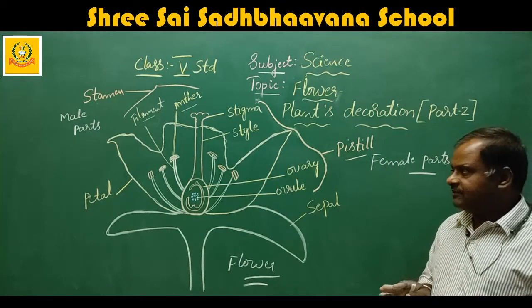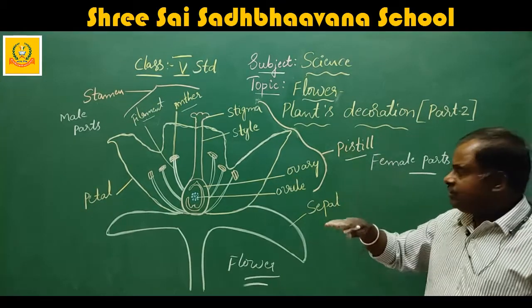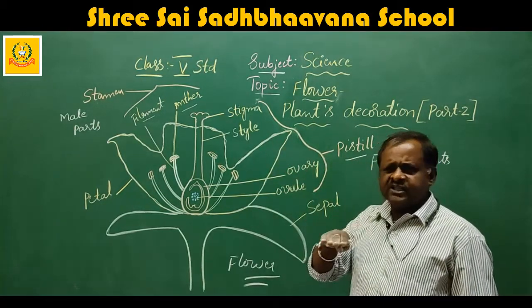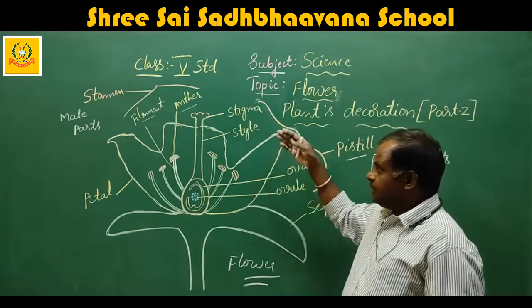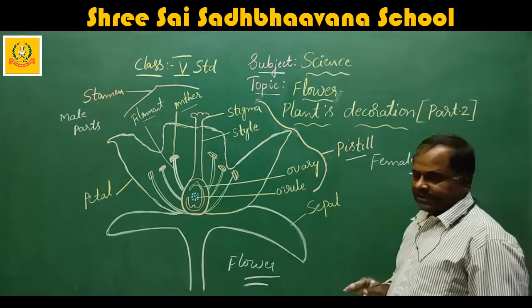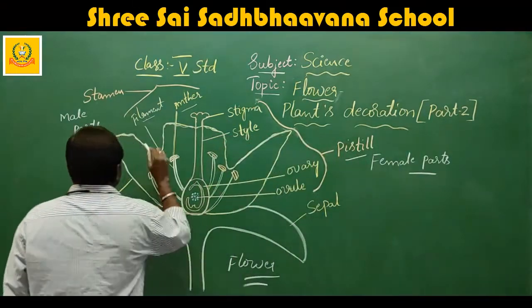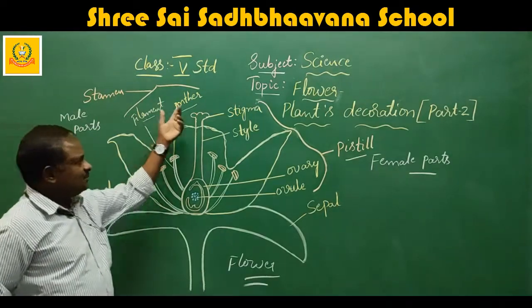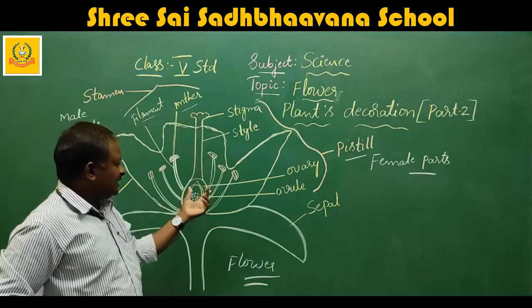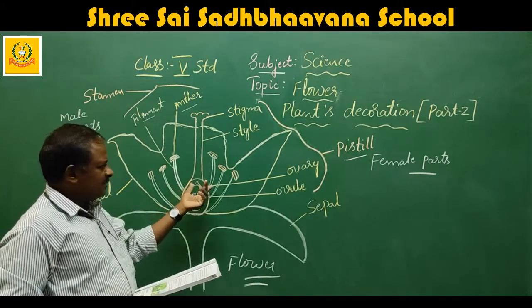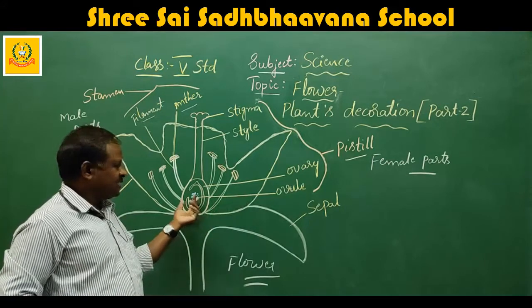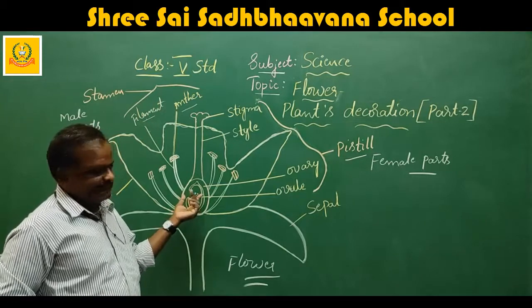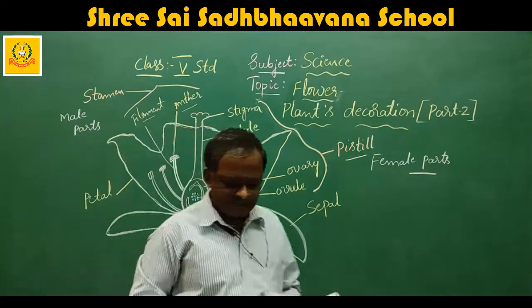The filament holds the anther. The style holds the stigma. The ovary is the fruit part of the flower, and the ovule is converted into seeds.